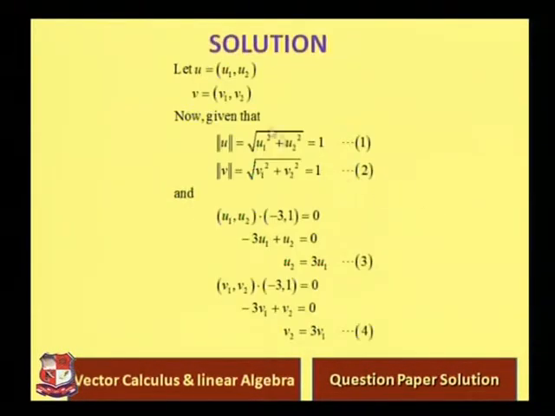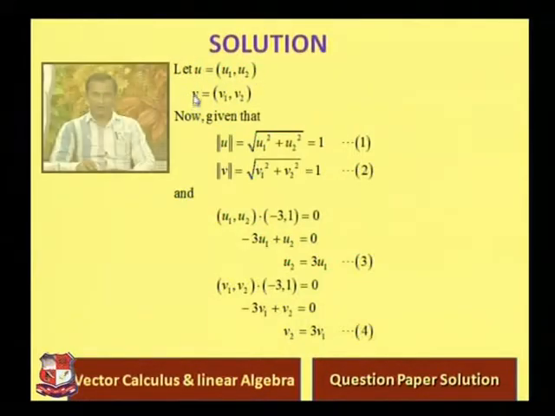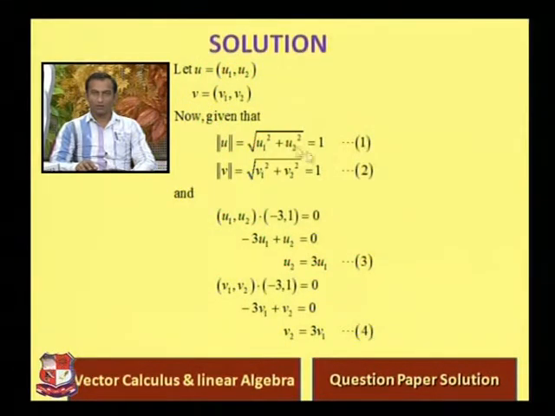So we consider u equal to (u1, u2), this is our first vector, and v equal to (v1, v2). Given that the norm of u is 1: by the definition, norm u equals the square root of the first element square plus the second element square, that is, the square root of the sum of squares of all elements.